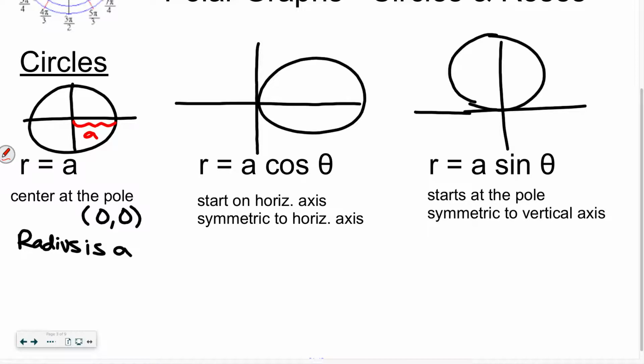Okay, in the drawing, we could label that the diameter is now a for each of these. So what would that mean about your radius? It would be half of a. So we could say the radius is a over 2.